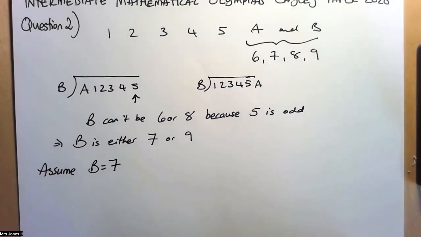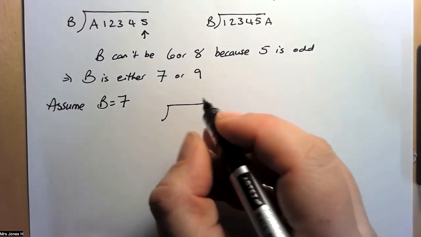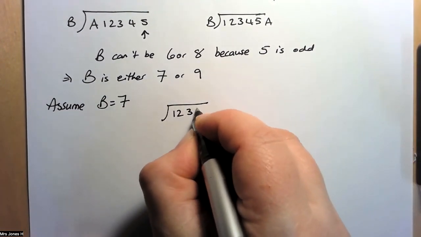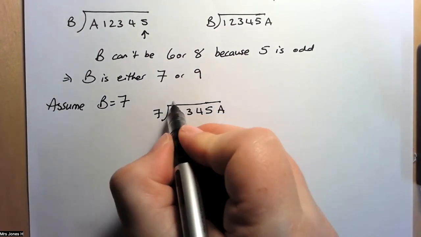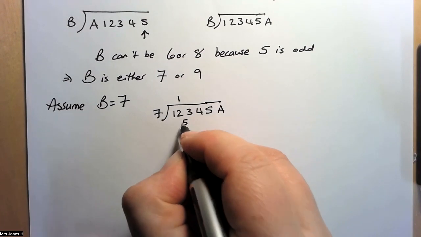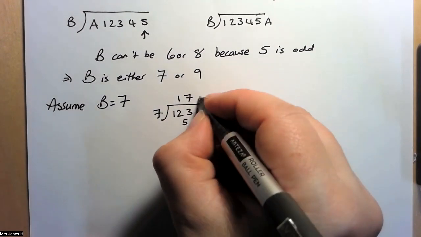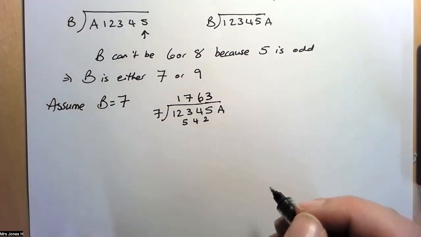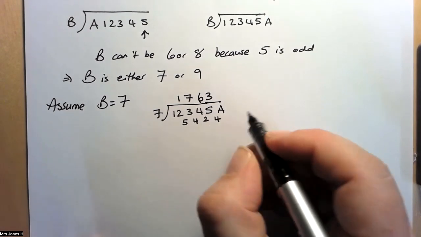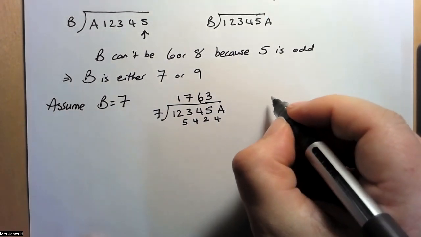Let's assume B is 7. So what we've got here is we're carrying 4, so 7 into 4A.